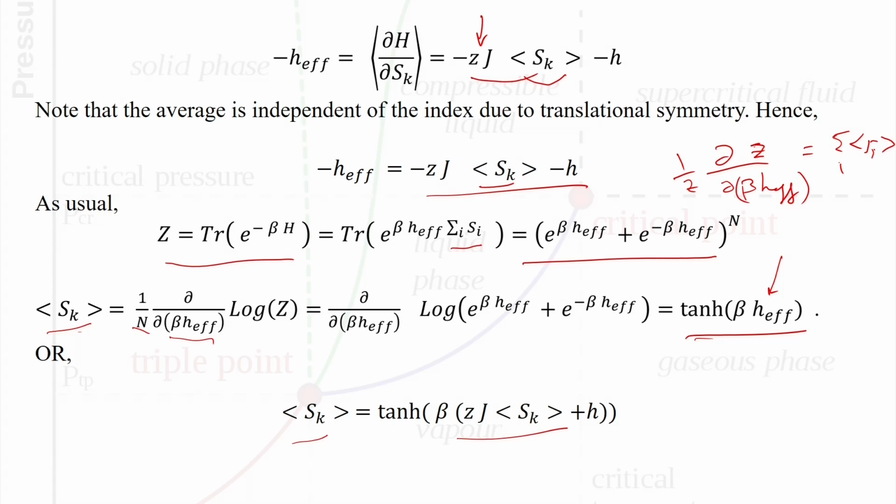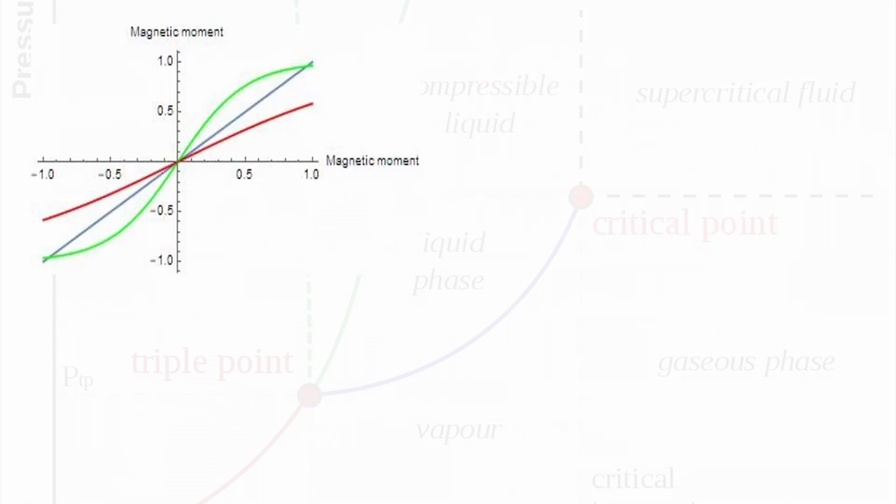This is called a self-consistent or nonlinear equation for the average of s. The unknown is the average of s, and it appears on both the left side as well as the right side. So you will have to solve this nonlinear equation in order to determine the magnetization that the system possesses.